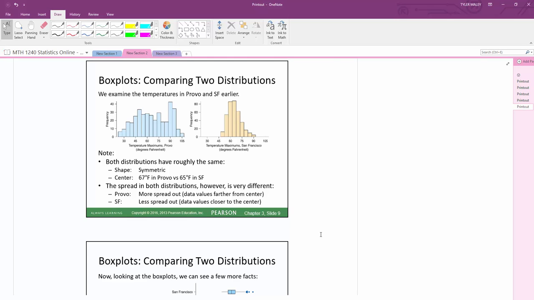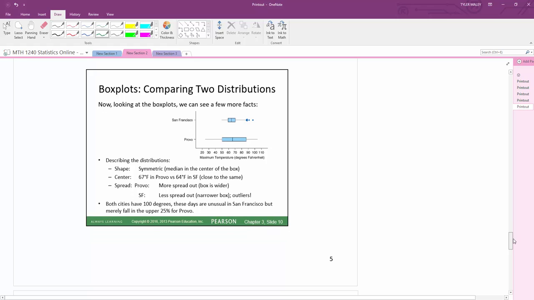With Provo, notice my data values are a lot more spread out. We have more variation in our data, whereas in San Francisco, the data values are not as spread out. They're closer to the center. In Provo, our data values are farther from the center, whereas in San Francisco, the data values are closer to the center.